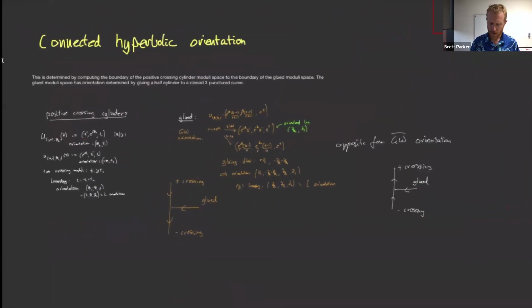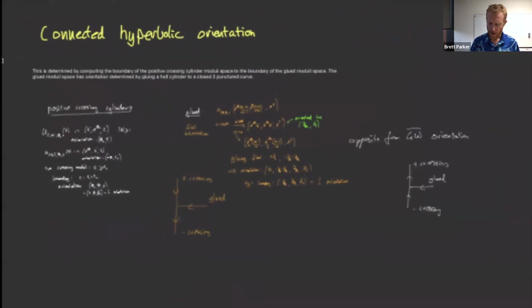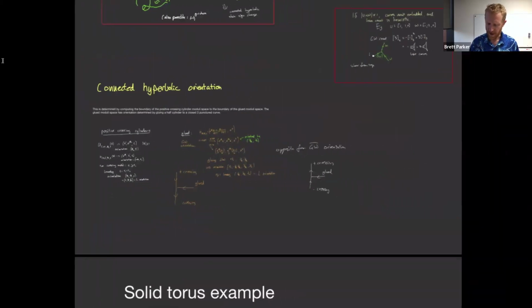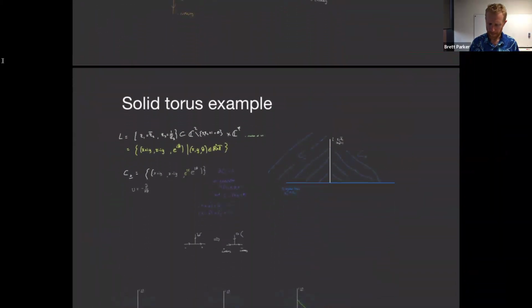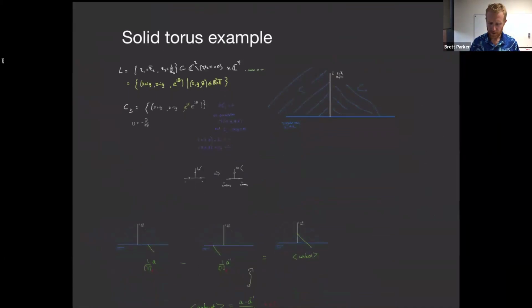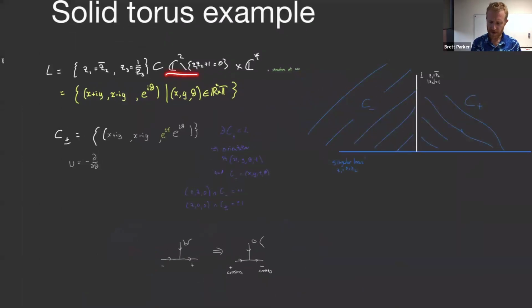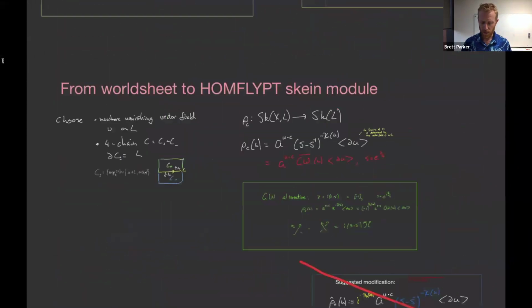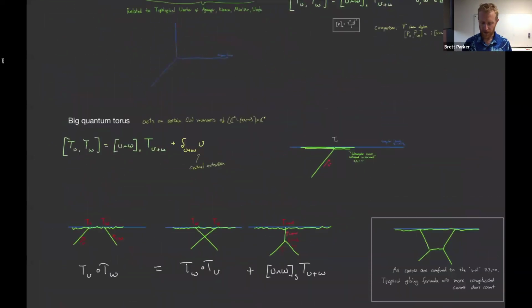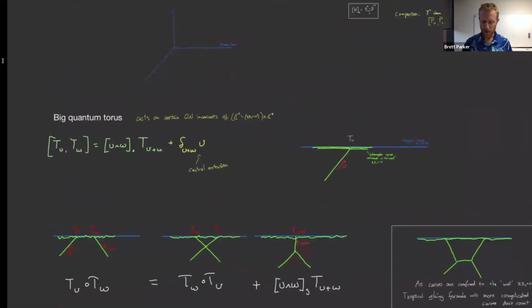Okay, so all right, this is just about the orientation. Let's consider now the example of the solid torus. Okay, and this is in this manifold that we saw before when we were talking about this big quantum torus.